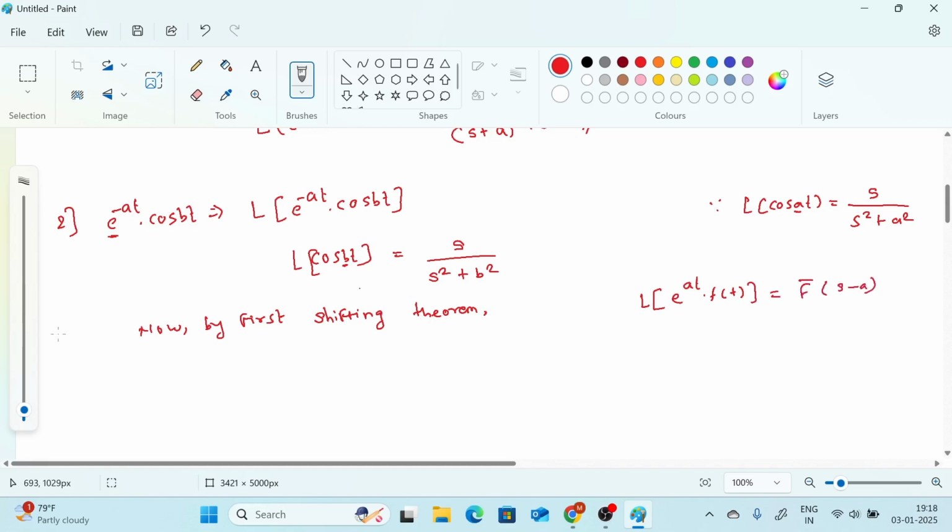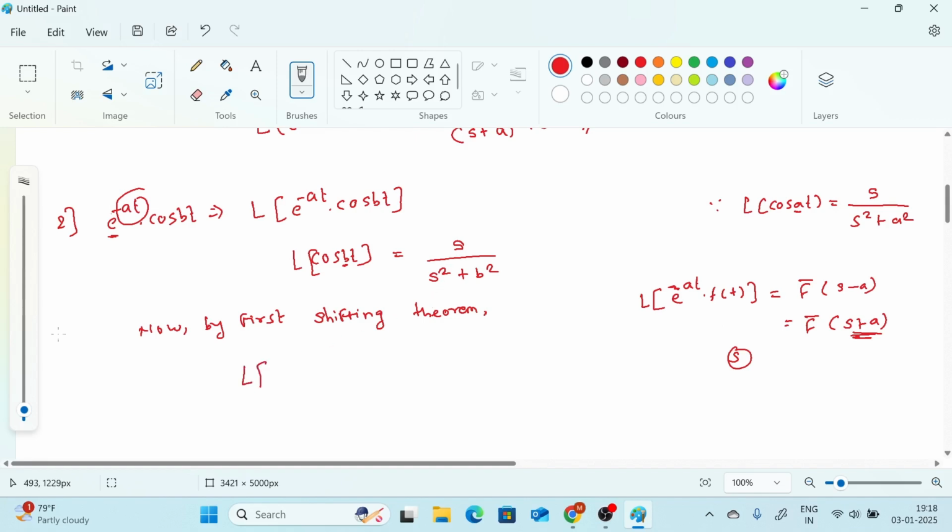Now we have here minus, right? Minus at. So the small change is that you have to change the sign, f bar of s plus a. Now we have to put s plus a in the place of s. Whatever value we have for s, we are going to put s plus a.